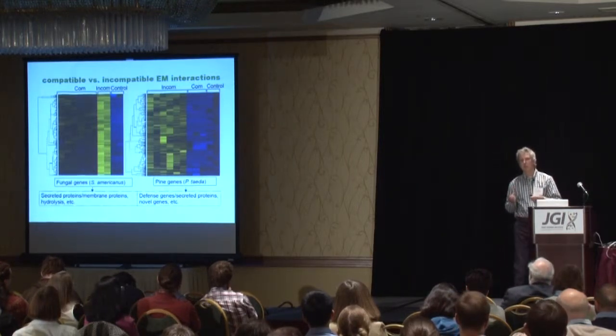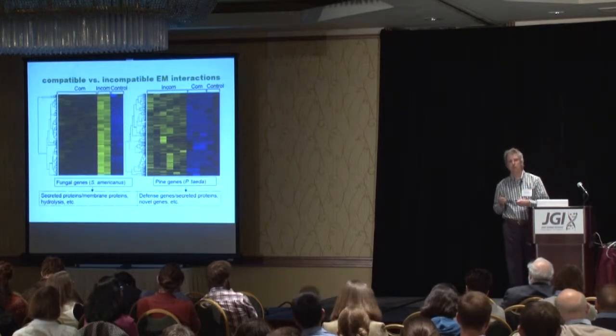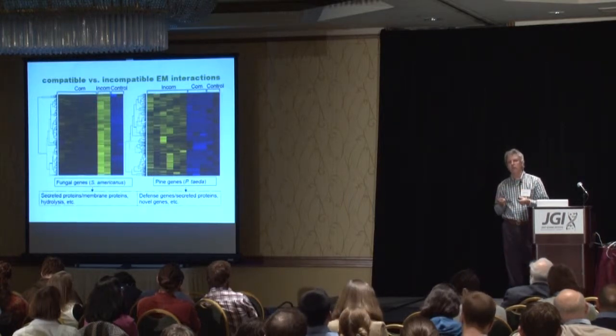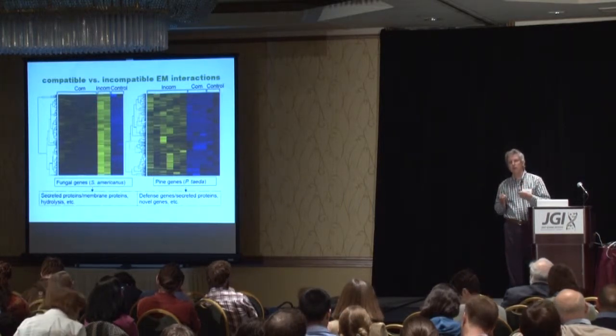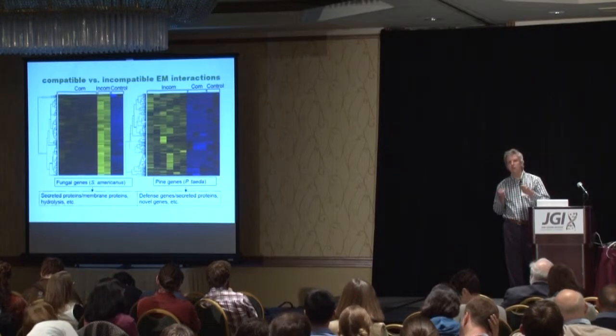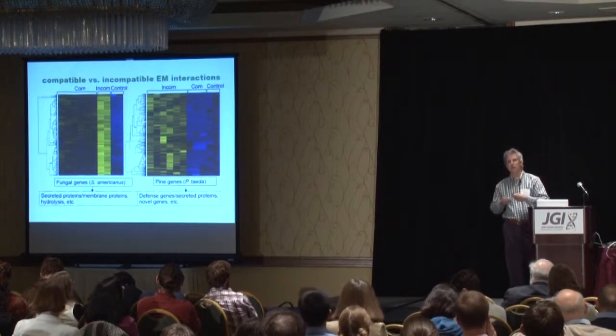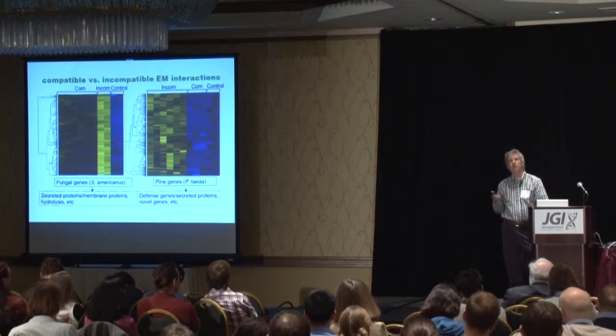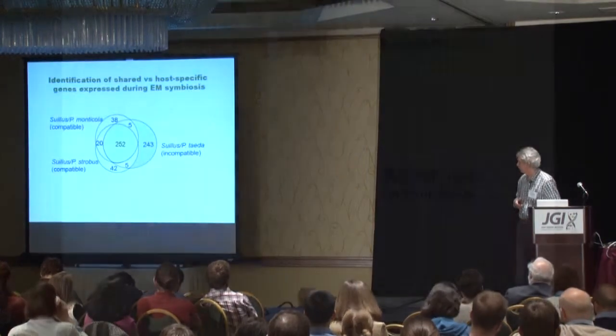And so I think that Francis Martin's group has also shown this in Laccaria. The MiSSP7 effector, for example, a secreted protein, is involved in basically overcoming and turning off the plant defense response in compatible pairings.